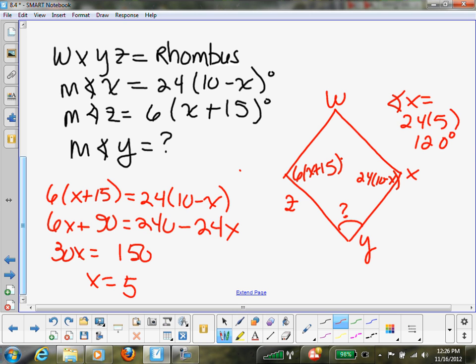What am I looking for? Well, how do I find y? If I know that this angle is 120, which makes this angle 120, how do I figure out what y is?